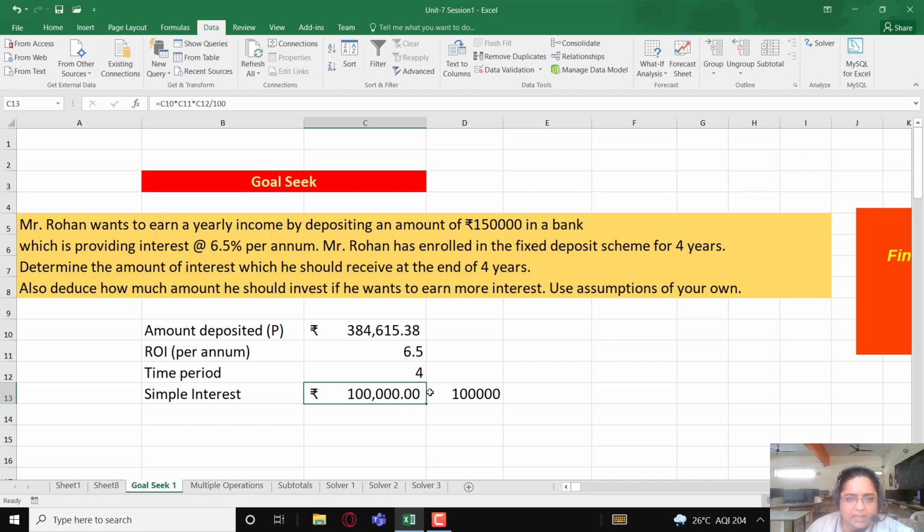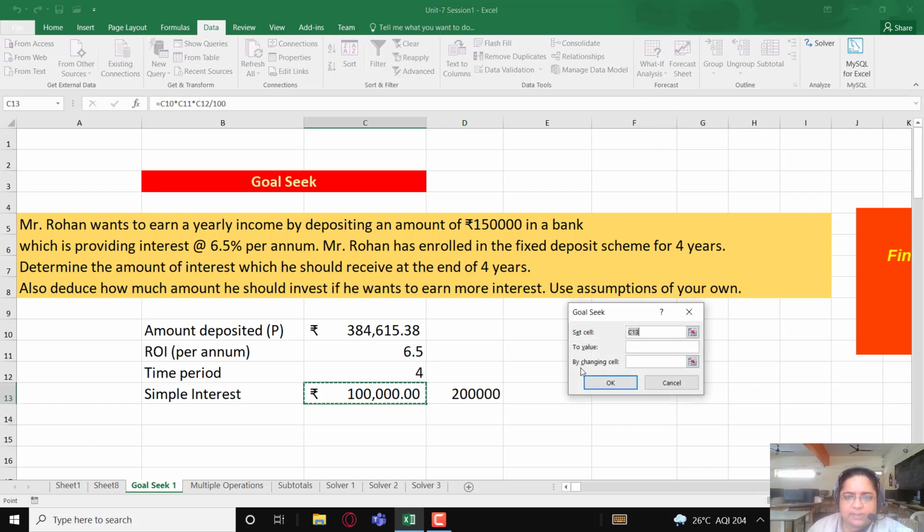So students, this way we can figure out various targets, like suppose if he wants to earn 2 lakh rupees as the interest, how much money he needs to invest. So again go to data, what if analysis, goal seek, set the cell. So here we need to set this cell, and this is our target cell, to value to 2 lakh.